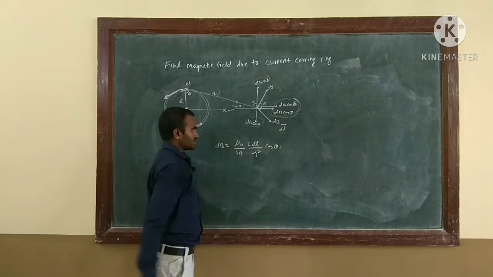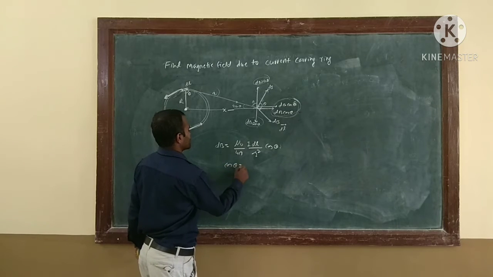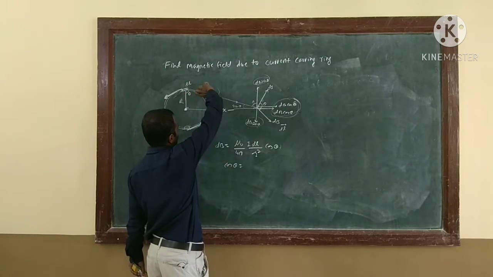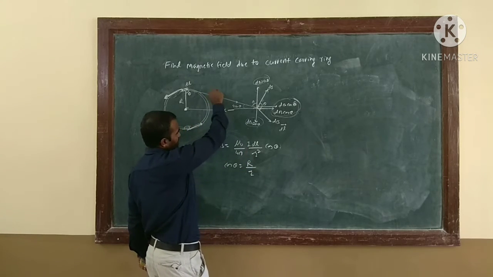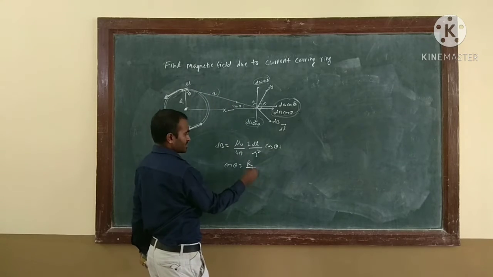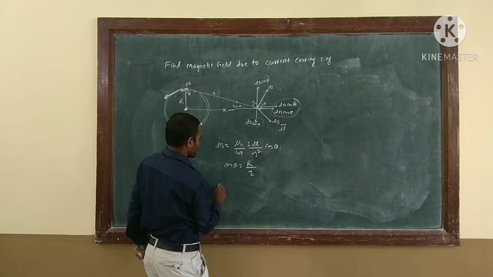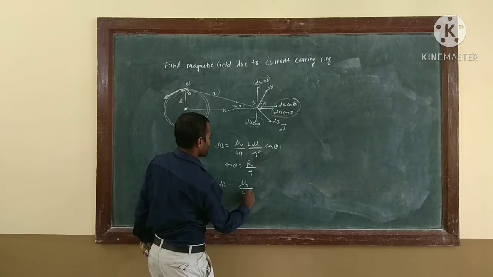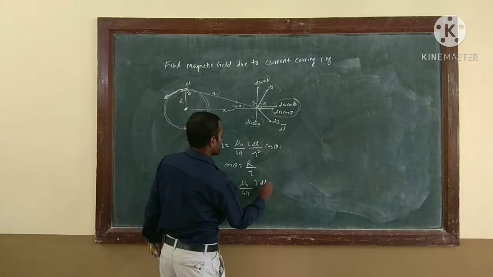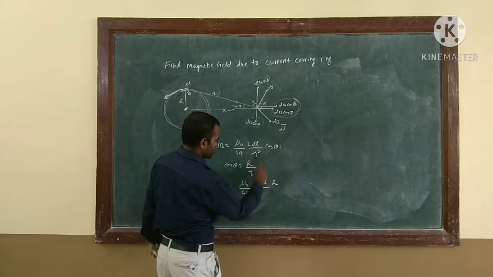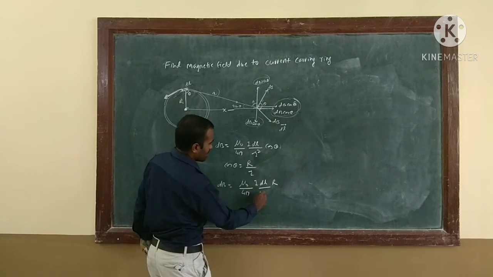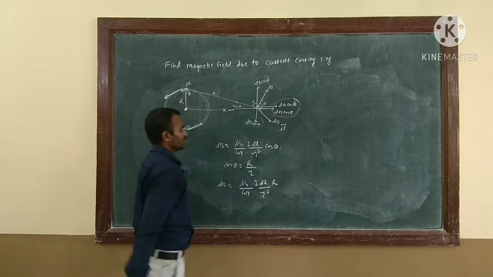Substituting the value of cos theta equal to adjacent by hypotenuse, capital R divided by small r. From the figure you can see small r is the hypotenuse. So dB is equal to mu 0 upon 4 pi, I dl, capital R divided by r square, which will now become r cube.